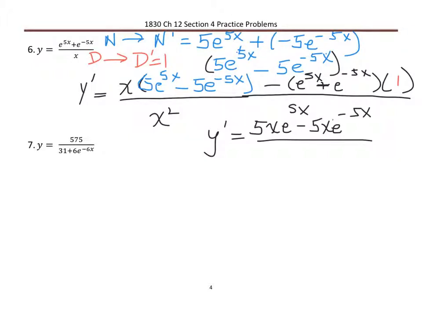And then that's minus e to the 5x plus e to the negative 5x. And I have run myself out of room. So let's try rewriting that.